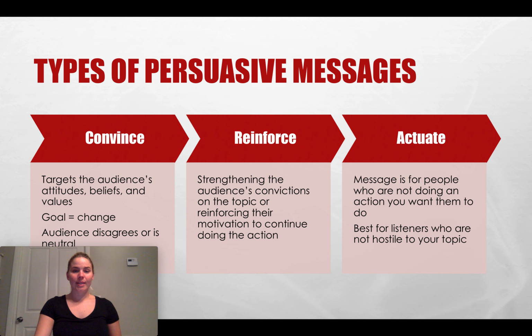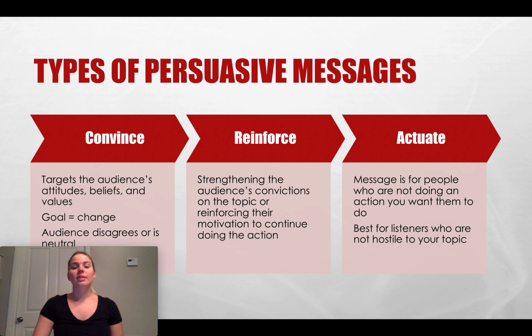So, types of persuasive messages: there's convincing, reinforcing, and to actuate. With convincing, you target the audience's attitudes, beliefs, and values, and the goal is to change their mind. So the audience either disagrees with whatever you're trying to persuade them to, or they are neutral.